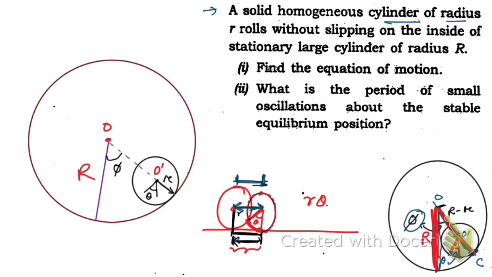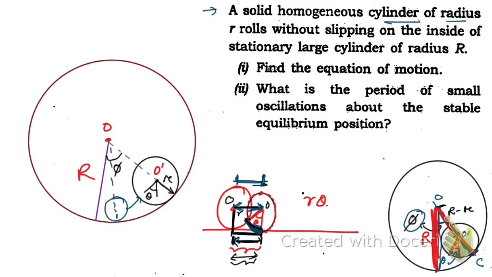So when this cylinder is rolled from this position to this position, I have considered a very small displacement, and the length of this arc and this distance are equal, and also equal to the distance traveled by the center.